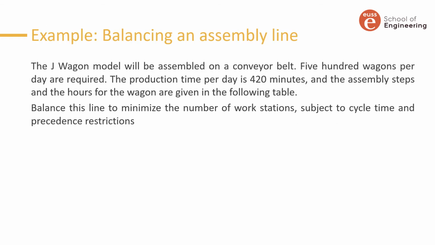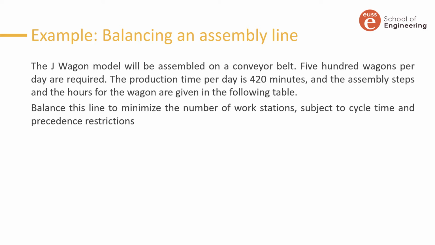To understand better this concept that we had in the previous slides, let's review one example that is the J-wagon model will be assembled on a conveyor belt. 500 wagons per day are required. So the output per day is 500 units of this wagon. The production time per day is 420 minutes.